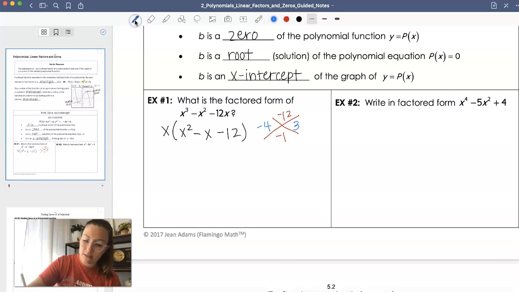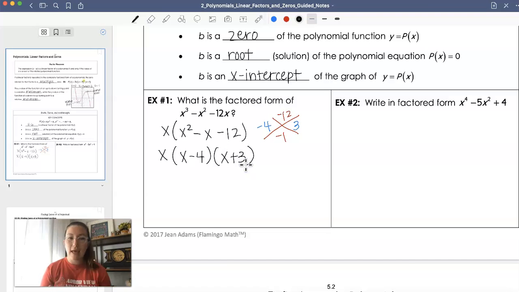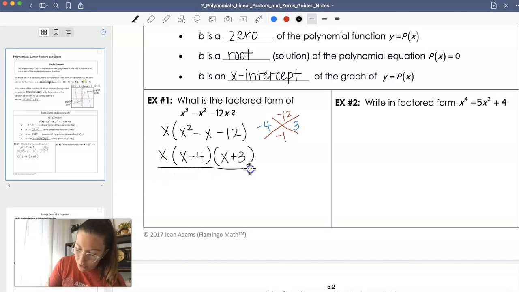Yes, it works. So when it factors, don't forget that x will stay out front. So then we're going to get x times (x minus 4) times (x plus 3). And then this is completely factored because all three of these are linear factors.